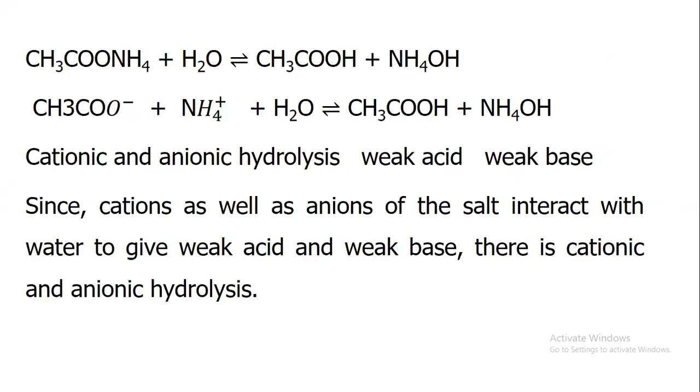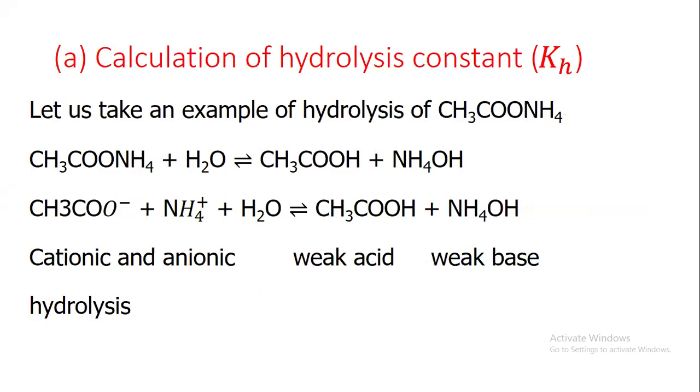This ammonium ion and ethanoate ion react with water and produce ethanoic acid and ammonium hydroxide. This is cationic and anionic hydrolysis, since cations as well as anions of the salt interact with water to give weak acid and weak base.